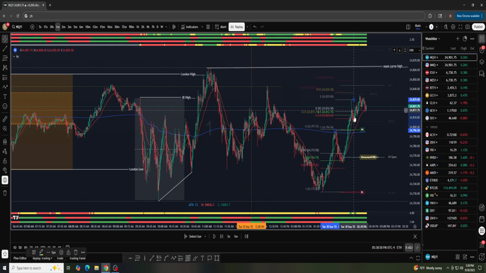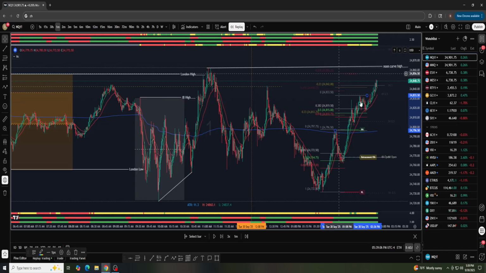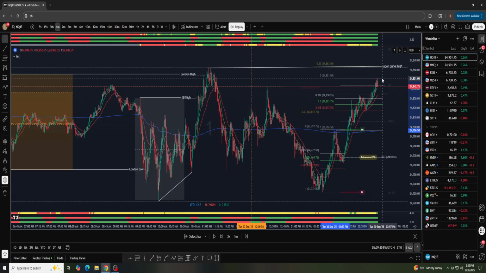So this was a little dirty. So this 12.75 area, and then another extension to this. That didn't even fill. So the -6.8 hits.